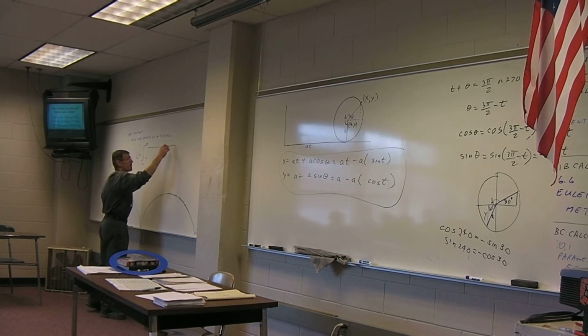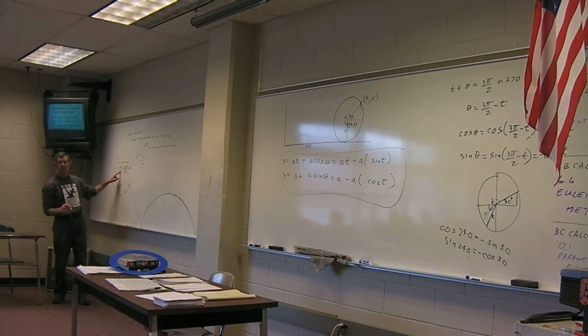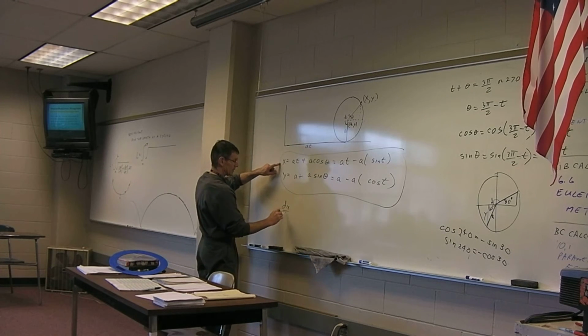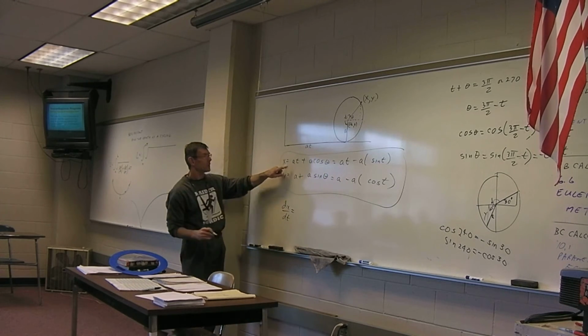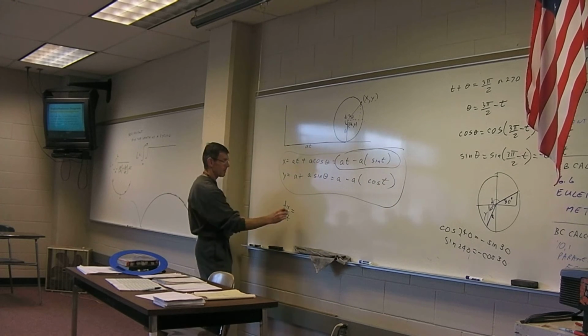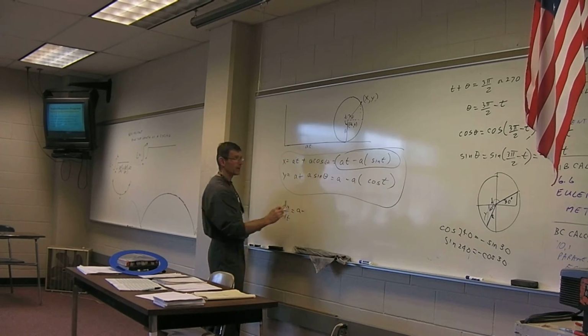Square root of dx dt. So what's dx dt? dx dt would be the derivative of this thing here. So a minus a cosine t.